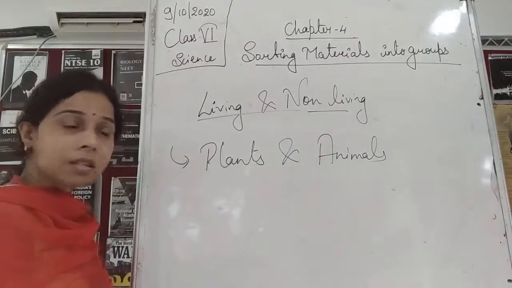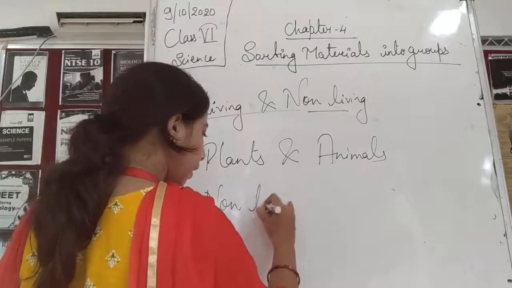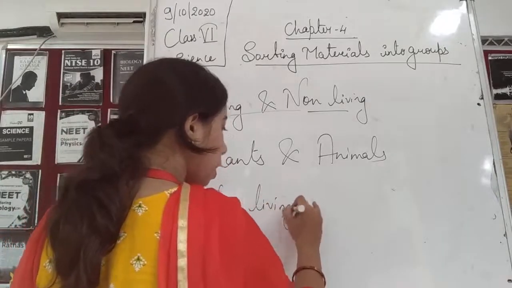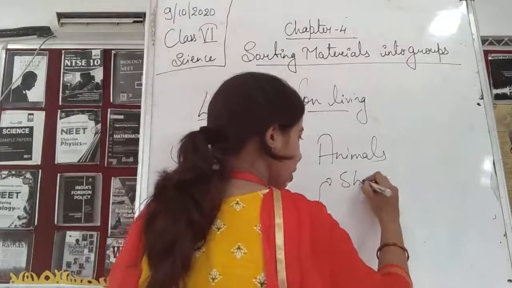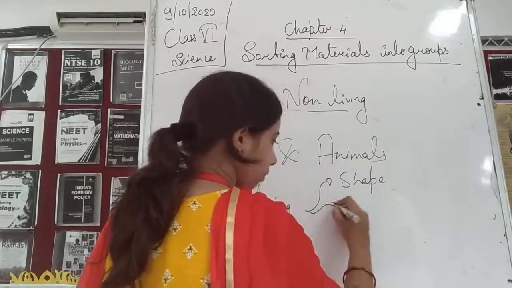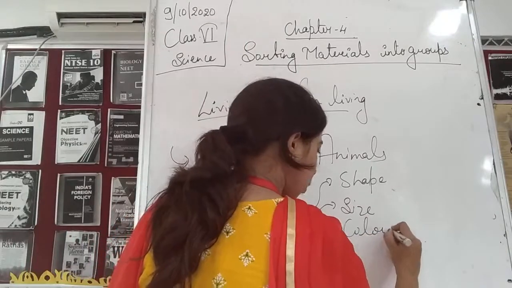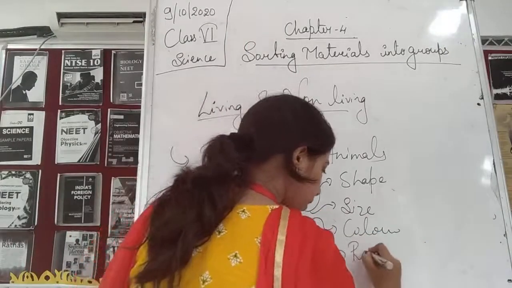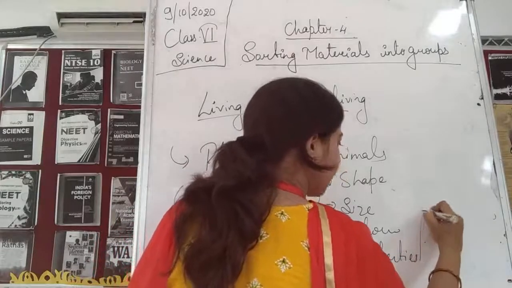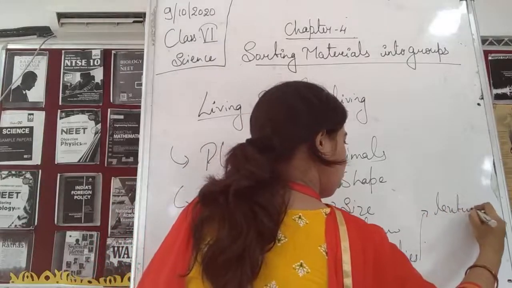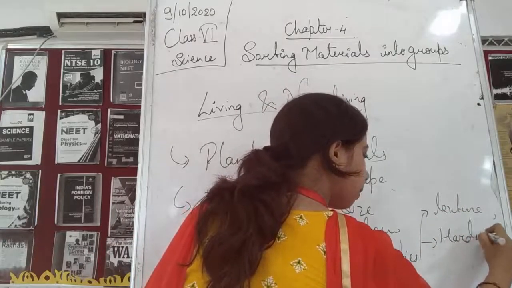And the non-living things are also divided into different groups, but this time on the basis of their shape, their size, their color, their properties. All are factors. Properties, if we talk about texture or hardness, all these things come under properties.